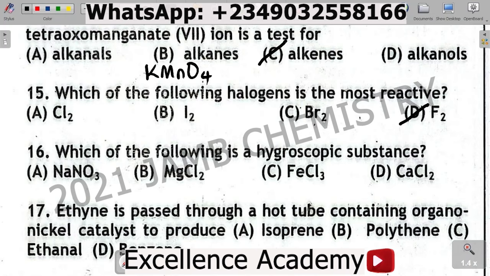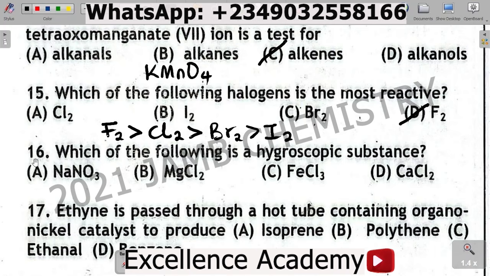So for the listed elements, in order of decreasing reactivity, fluorine is the most reactive, followed by chlorine, then bromine, and after bromine, iodine. Of all listed here, the most reactive is fluorine, while the least reactive is iodine. So take note of this.